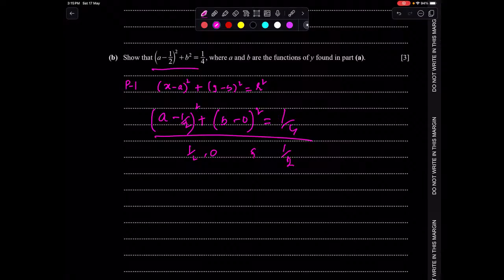The square root of 1 upon 4 is 1 upon 2. In complex number, you can say it's an equation of circle with center at half plus 0i and radius is half. So this thing will help you to answer the last part of this question.